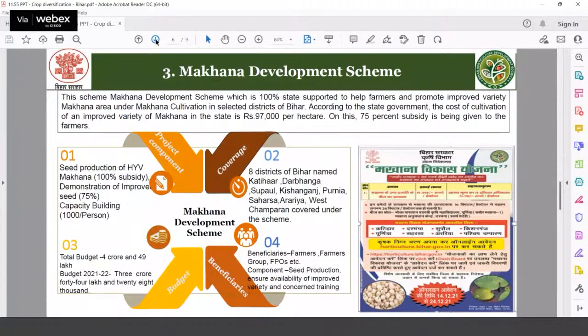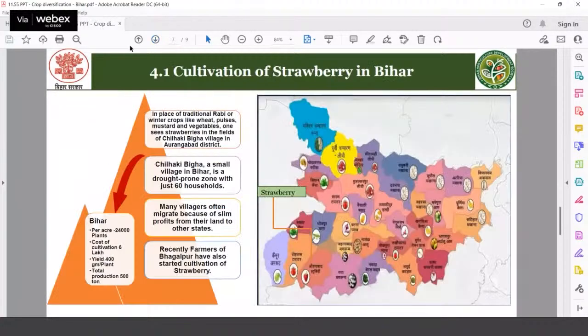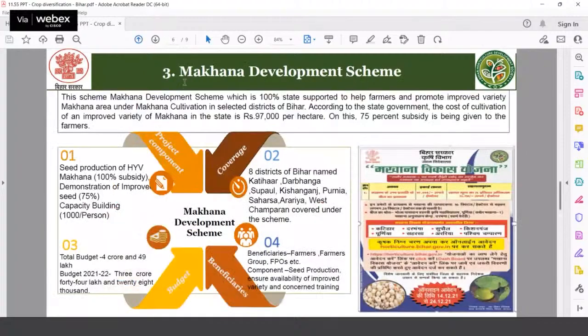Now, as I shared, the state leads makhana production. So we definitely are focusing on this produce quite a lot, and we have a dedicated scheme around makhana development, which in fact caters from the seed production to the processing part. It has different components.